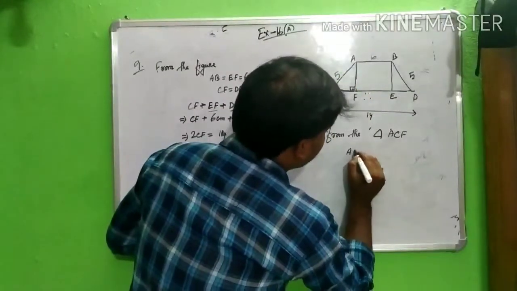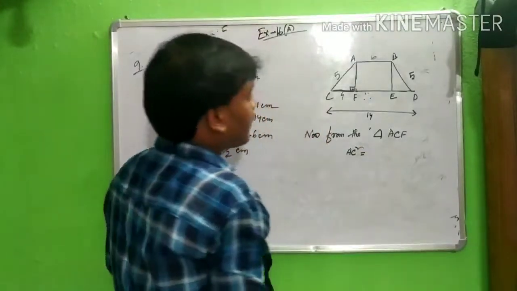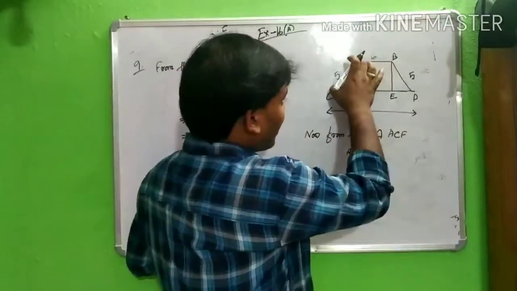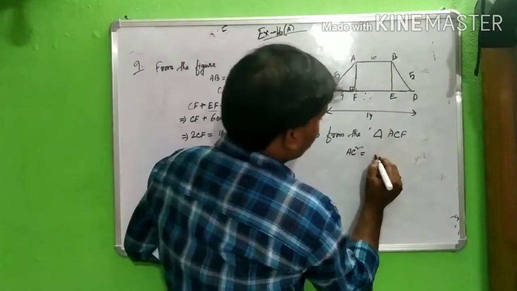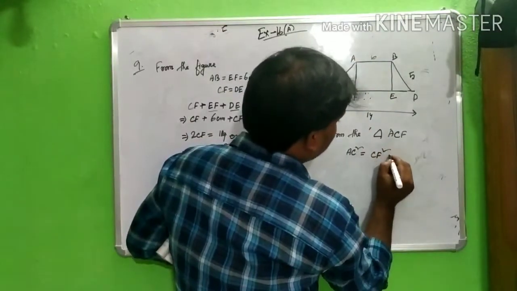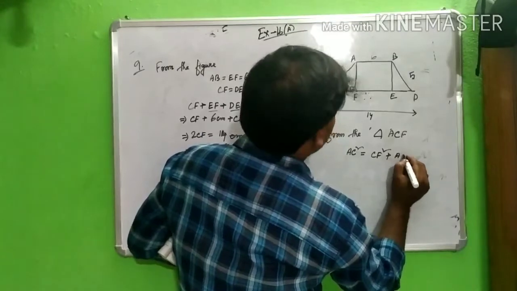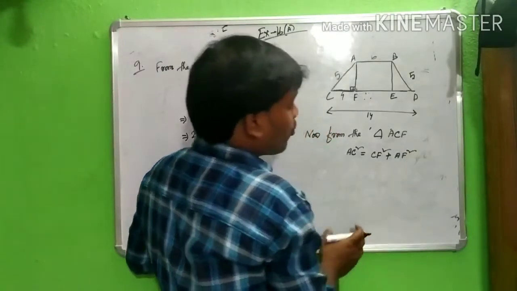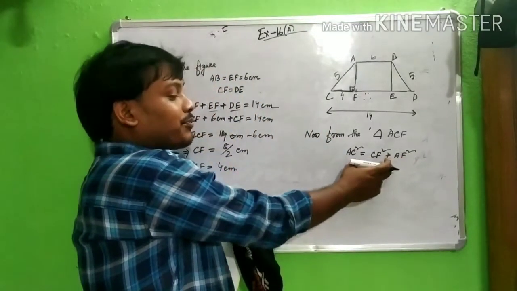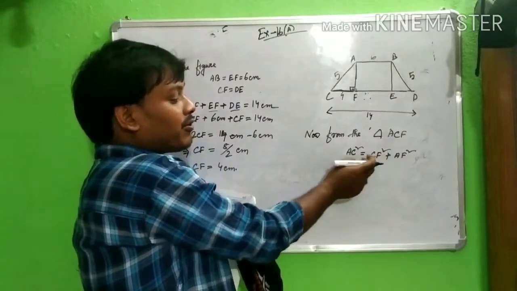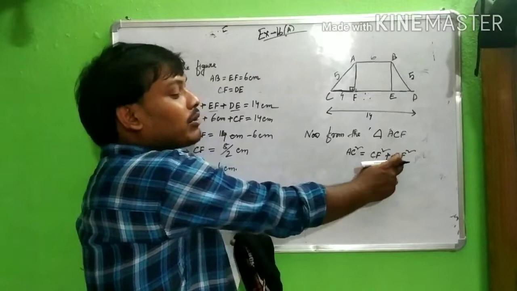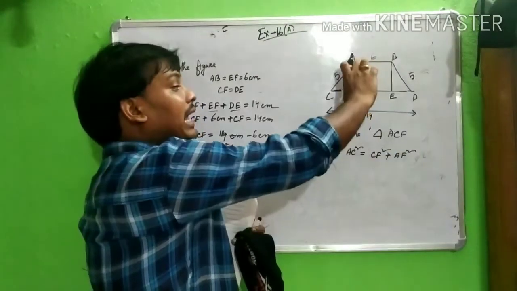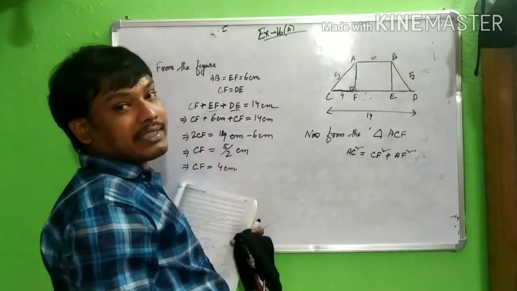So AC square, so hypotenuse square equals length square plus base square. So CF square plus AF square. Why do we use this formula? Because in this formula two values are given, so we can find the third value. The third value, that means AF, and AF means the height of the trapezium.